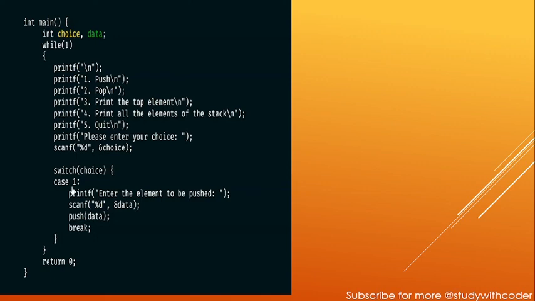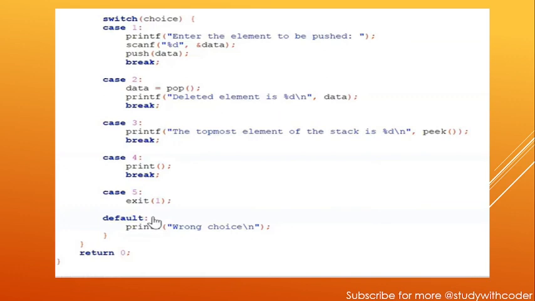Switch choice. Case 1. In case 1, we call the function push, in which printf enter the element to be pushed and scanf %d data. Then push the data element and then break.